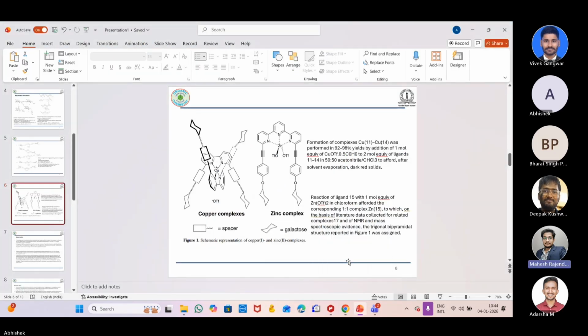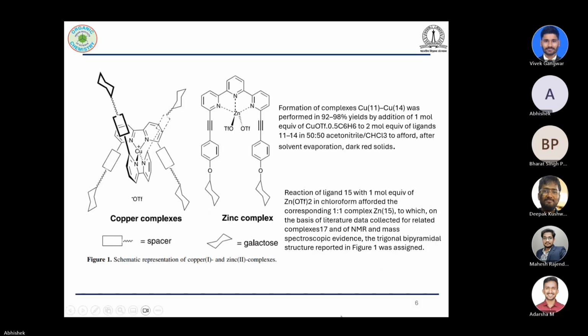Okay, so what did they do with these complexes again? Make it full screen. Once they synthesize this compound with a spacer, they form two complexes, one with copper and another with zinc. After that, they reported by spectroscopy that one is tetrahedral and one is in TBP form.